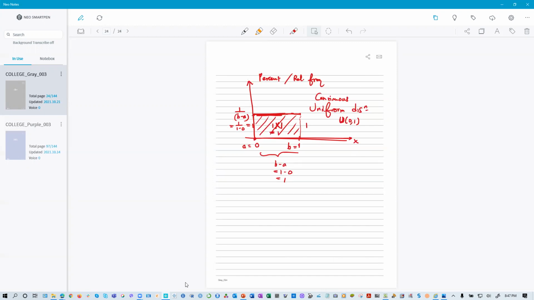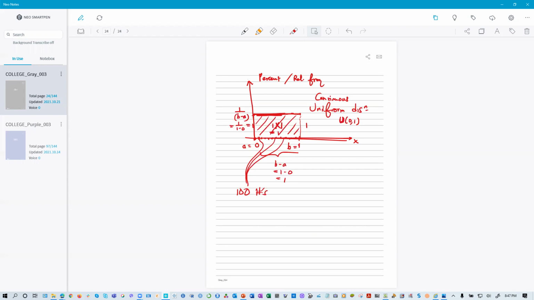So with the uniform distribution, we're going to generate the numbers between 0 and 1. You generate 100 numbers from there.